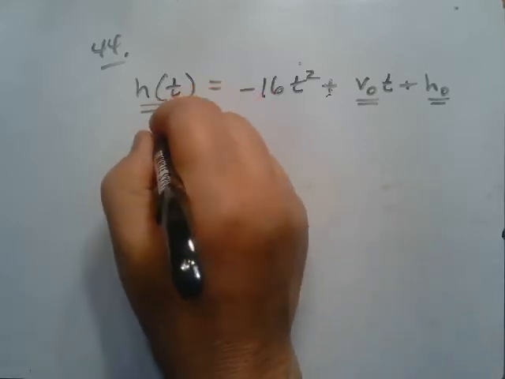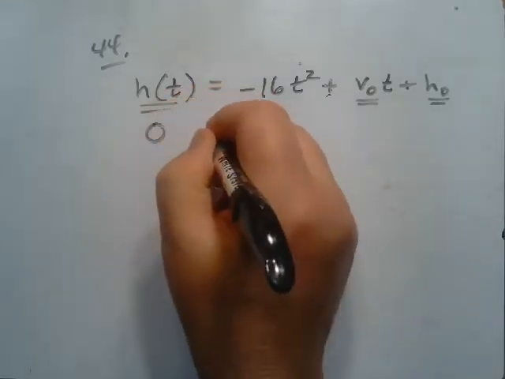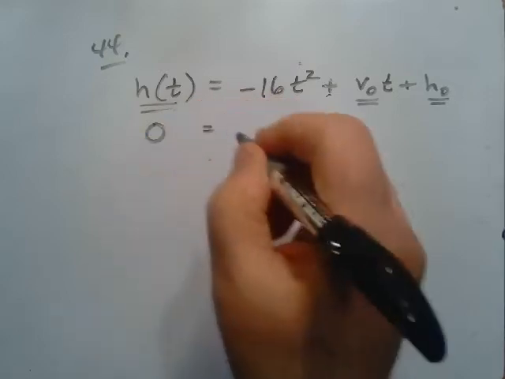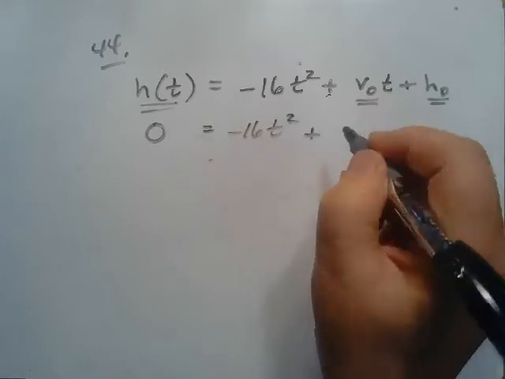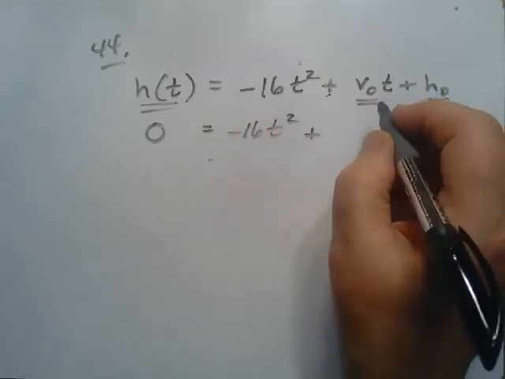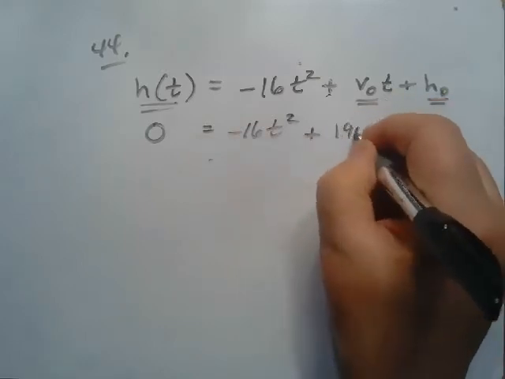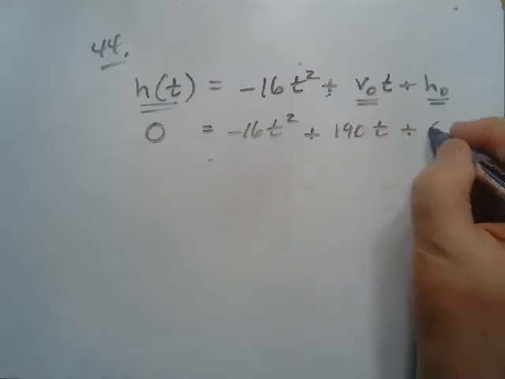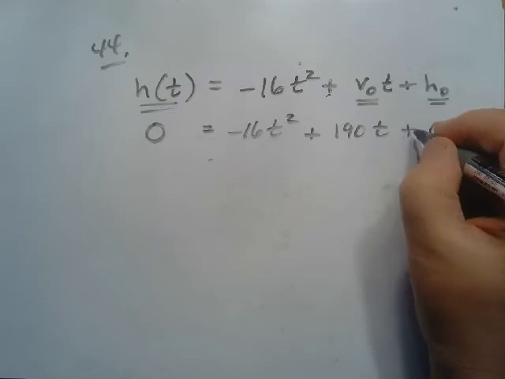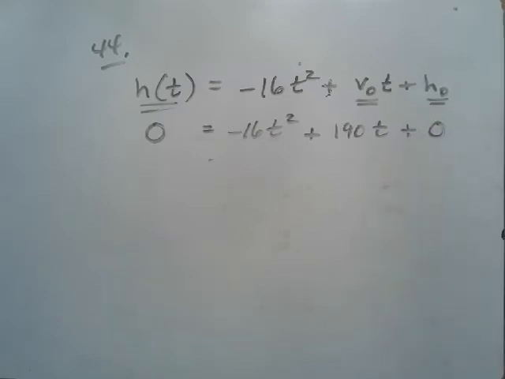So once again, it hits the water at 0 feet. That number doesn't change, and the upward velocity here was 190 feet per second. And we're ignoring the height of the boat, so that's going to be 0 as well. I'm going to let you do this one to finish it. Go ahead and find how long it takes for that flare to hit the water.